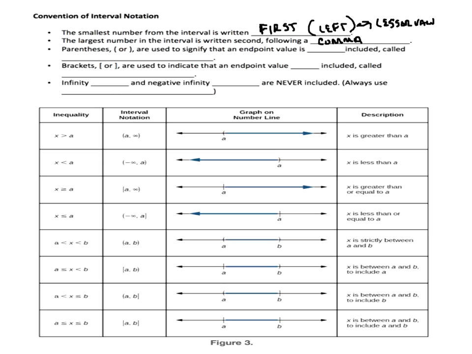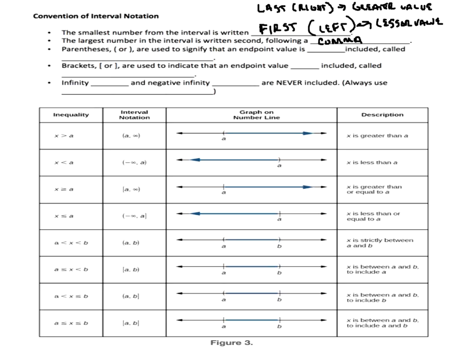And then the rightmost number, so your last or your rightmost number, is your greater value. And they're separated by a comma.